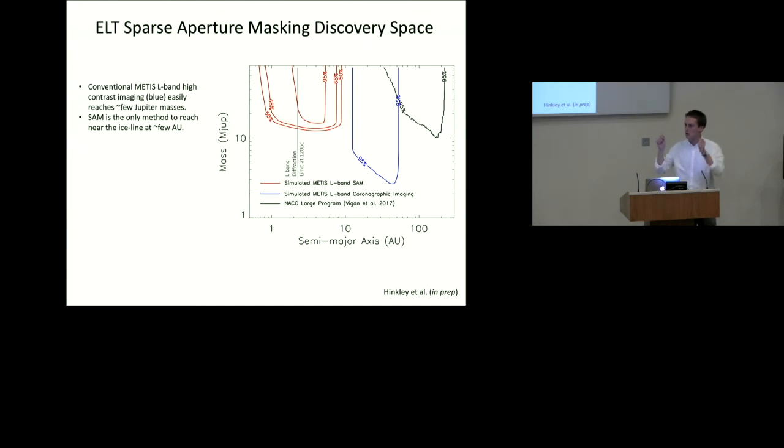You're weighting the longer baselines more significantly than you are in the conventional full aperture. It's not clear to me why that would come out to a factor of 2, but no doubt it depends a little bit on the mask design and the distribution of the baselines. You guys happy with that back there? There's a factor of 2 from interferometry, basically.